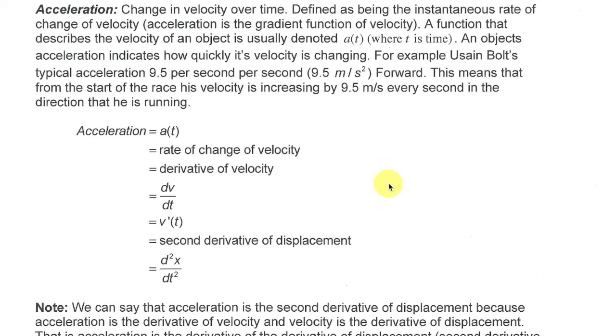So in other words, if we start with a displacement function, to get the acceleration function, we take the derivative of displacement to give our velocity, then we take the derivative of that the second time to give us our acceleration. So that's why we can say that the acceleration function is simply the second derivative of displacement.